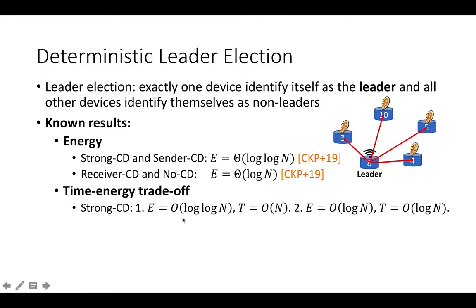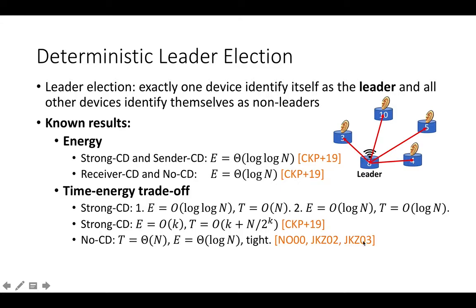For example, in the strong CD model, when their algorithm reaches log N energy, their time complexity is of order N. And there exists another trade-off when the energy complexity and the time complexity are both log N. Their algorithm can be generalized to obtain a time-energy trade-off, where when the energy complexity is k, the time complexity is k plus capital N divided by 2 to the k. Note that this trade-off matches these two algorithms.